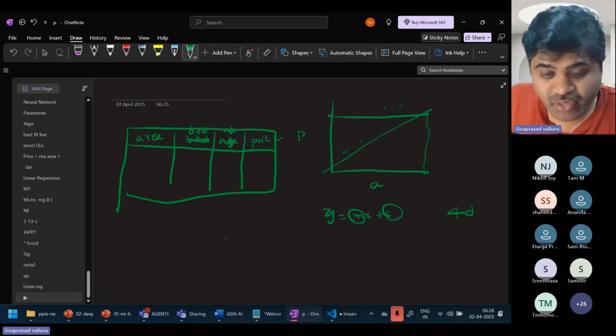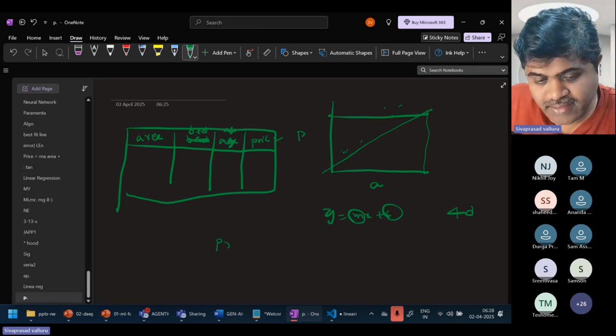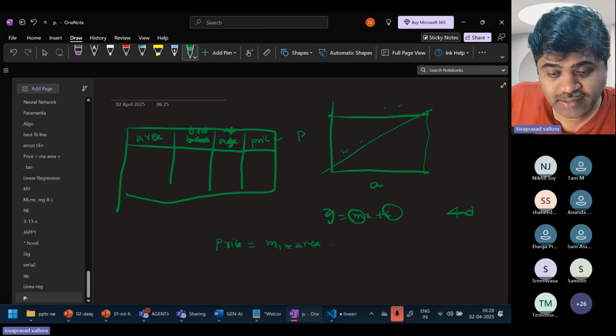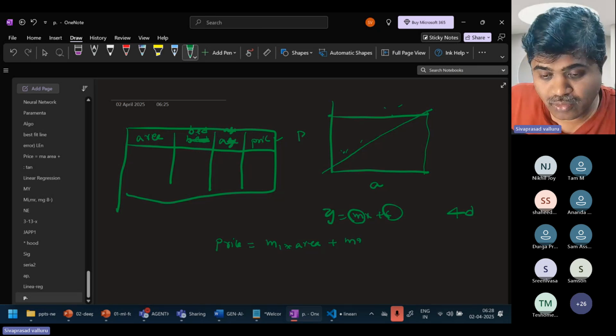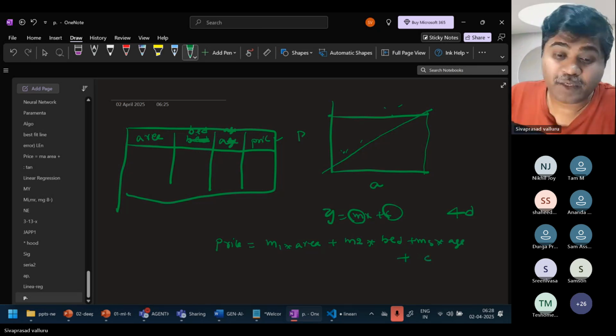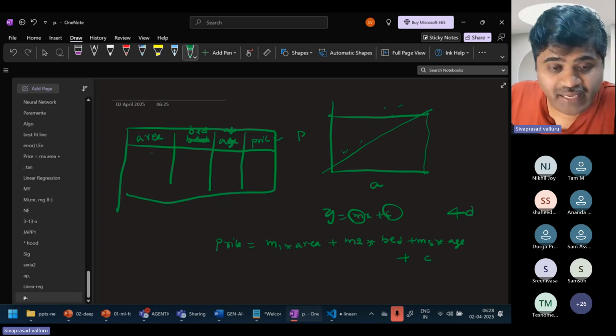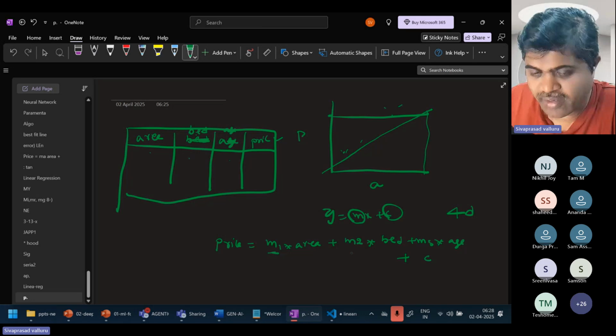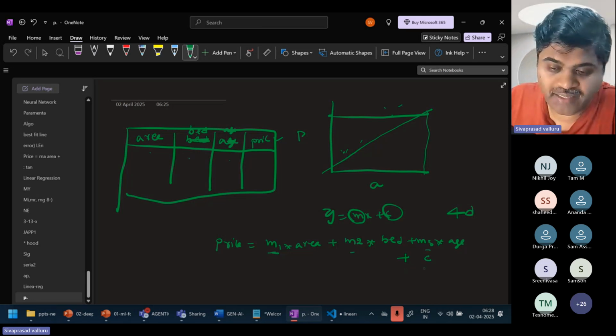The line equation will be something like this: price equals M1 into area, plus M2 into bedrooms, plus M3 into age, plus some C. So I have to find the values for M1, M2, M3 and C.